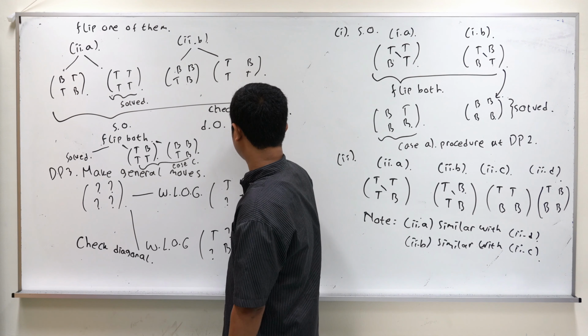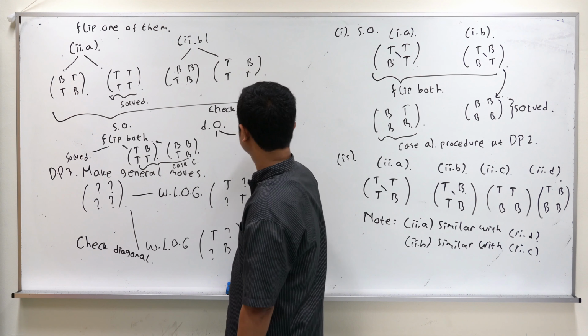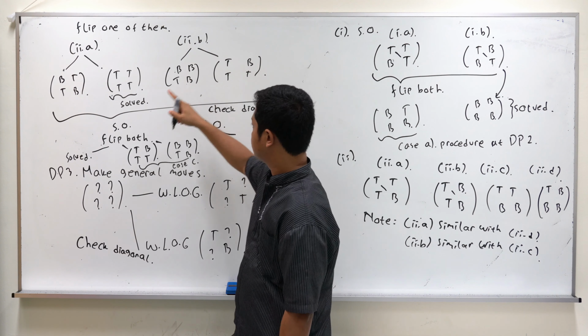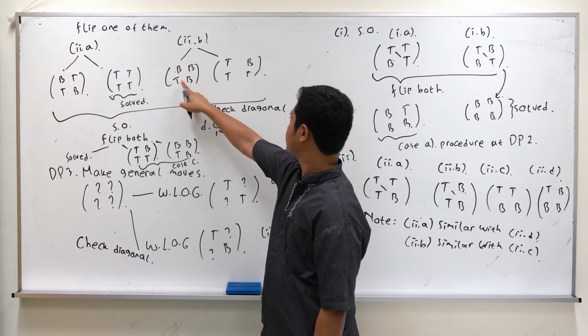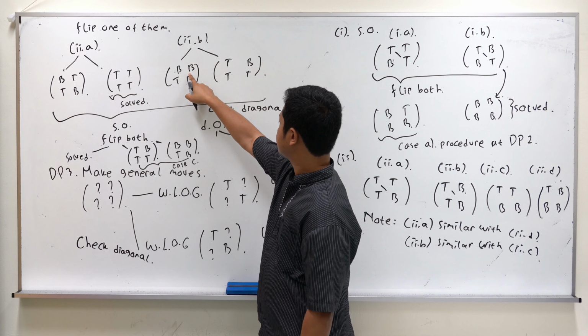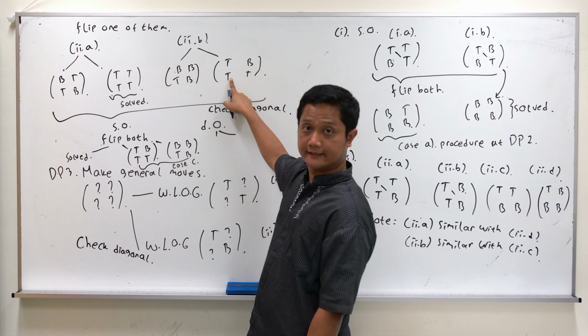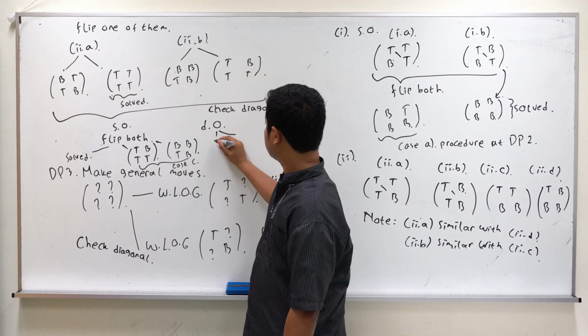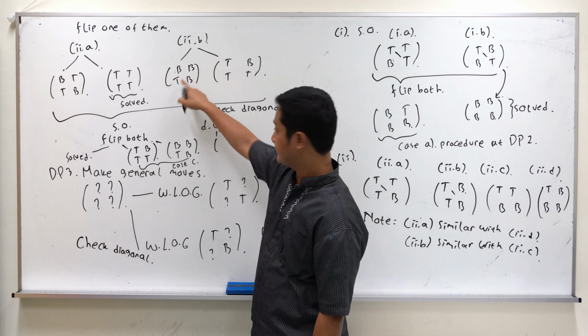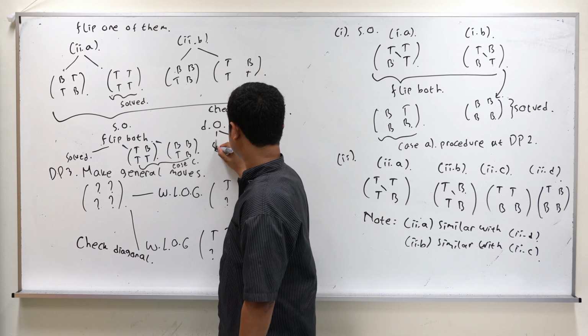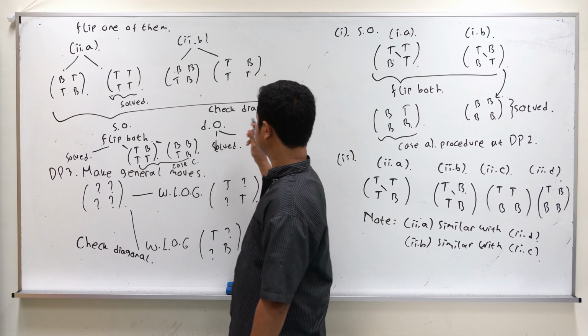Then what happen for different orientation? Cannot be from here. Should be from here. This or this. So what happen if we get this T? Then the lights on.